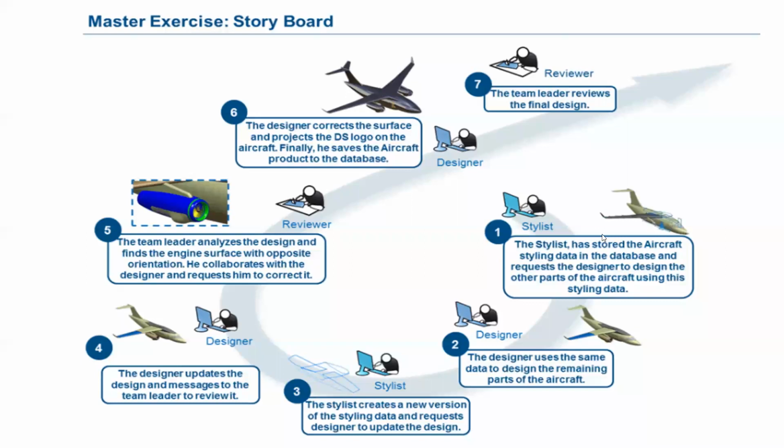After getting the data from the stylist, the designer develops the surfaces with the style data and designs the model. After completing the model, he gives it to the stylist. The stylist looks at the design, and if there are any modifications or innovations, he includes them and gives the styling data back to the designer.